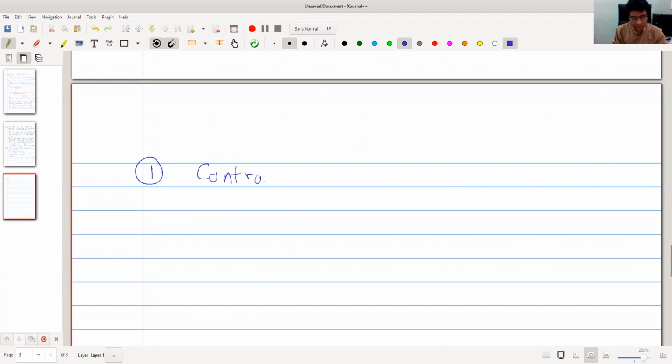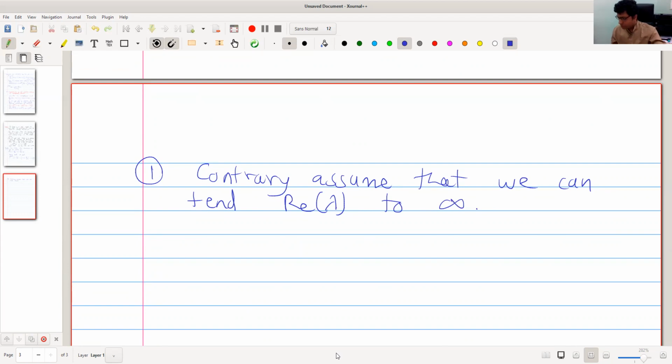On the contrary, assume that we can tend the real part of lambda to infinity. What will happen?